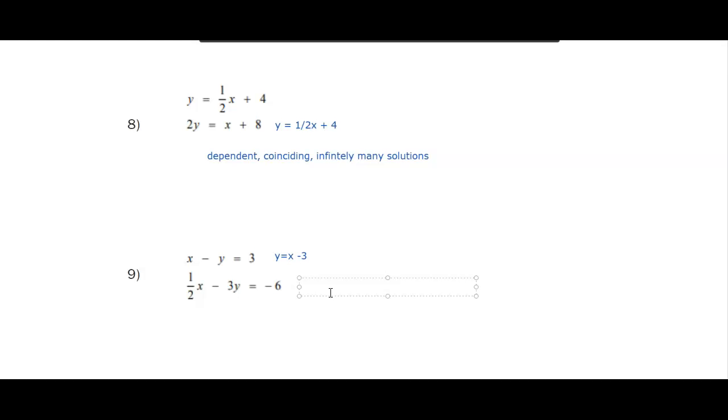So you get y equals a positive 1/6 x, and then negative 6 divided by negative 3 is positive 2. So different slopes, different y-intercepts, therefore they are independent, intersecting, one solution.